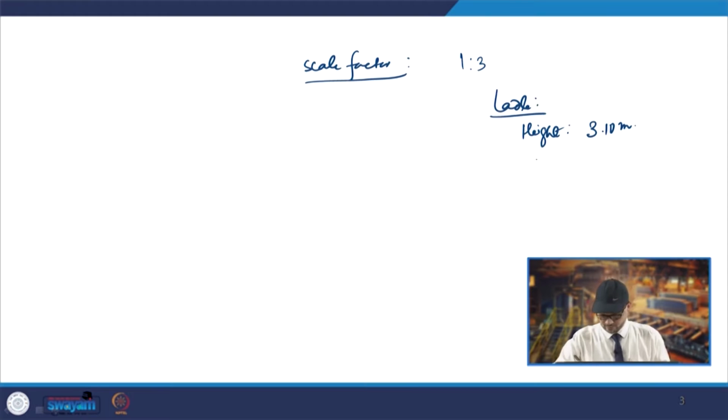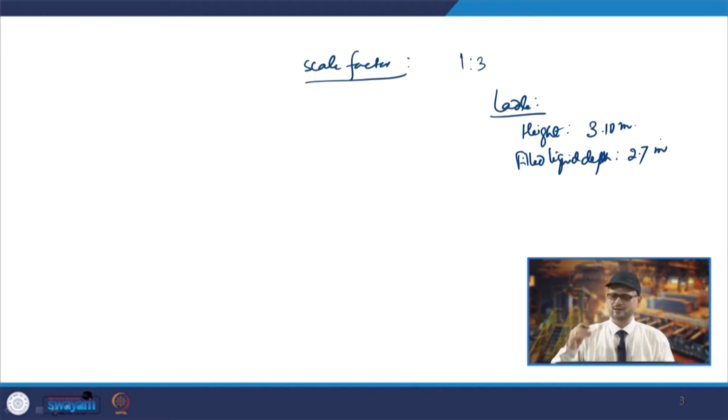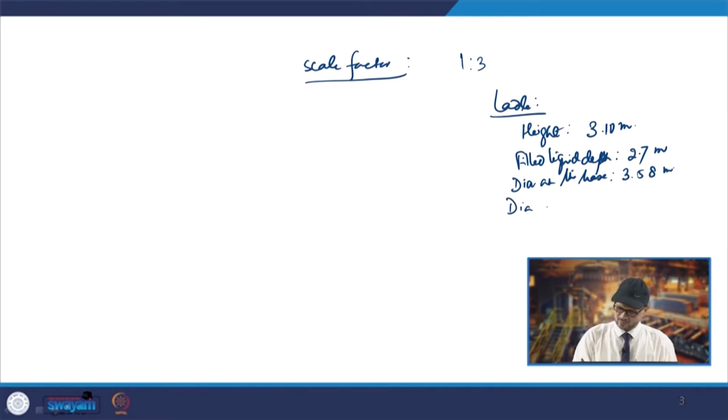The filled liquid depth is, say, 2.7 meter, so the total height is 3.1 and the height up to which the liquid is filled is 2.7 meter. The diameter at the base is 3.58 meter, and the diameter at the top is 4 meter.